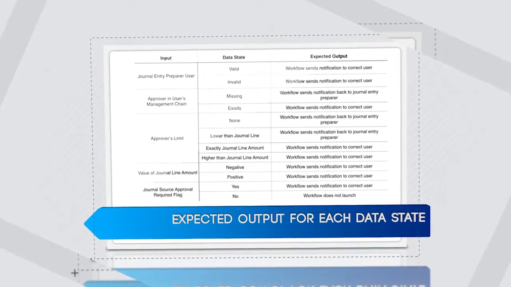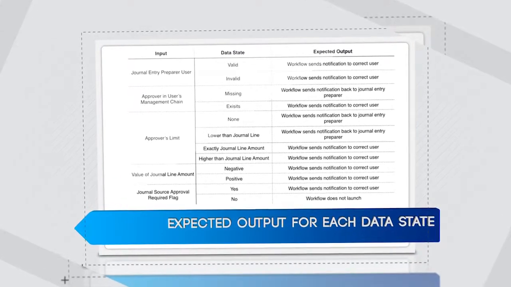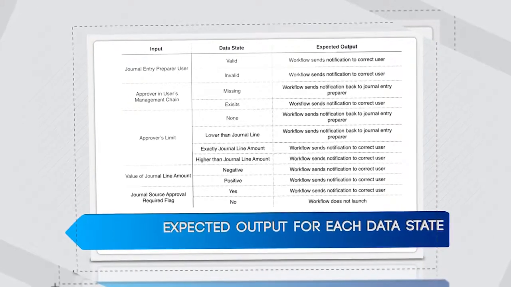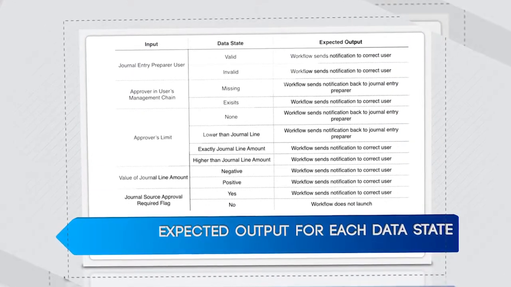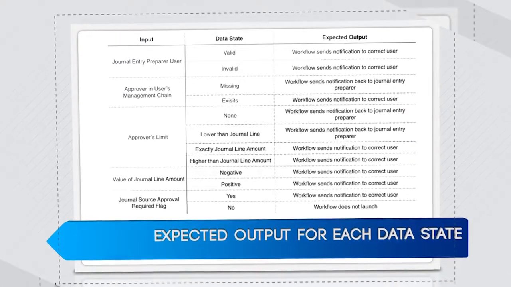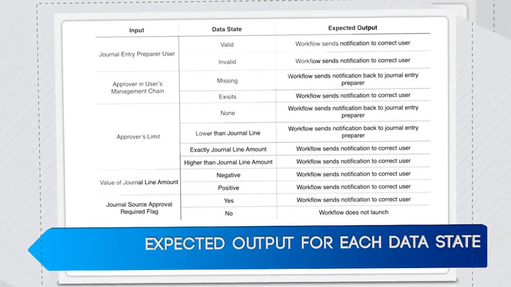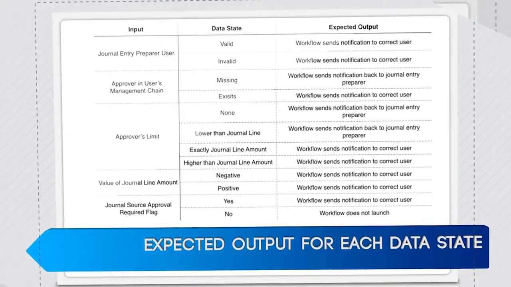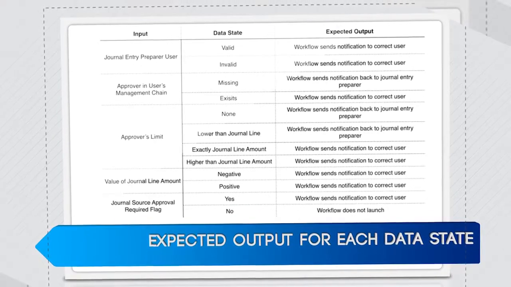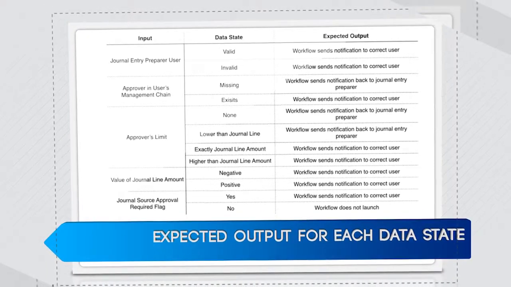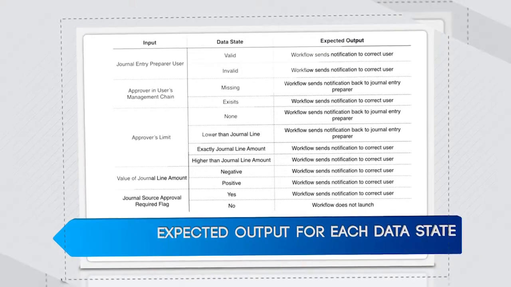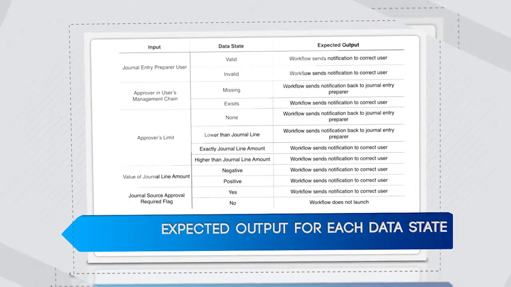Well, it should send a notification back to the preparer saying we can't find an approver. So if everything works perfectly, it's going to send a notification to the approver. If things don't work out and it fails, through the workflow, it should send a notification back to the preparer. So for each of the data states, I've outlined a different expected output.